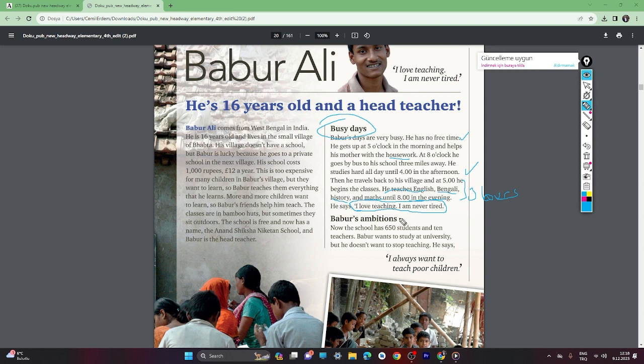And Babur's ambitions. Ambitions, guys, you should check it from the Google Translator or from your dictionaries. Ambitions means what we want to do, our desires, what we want to do in the future.